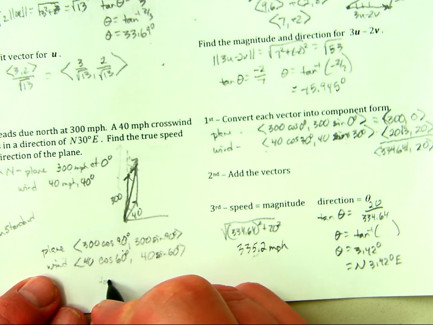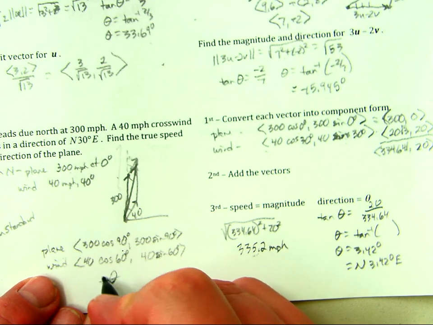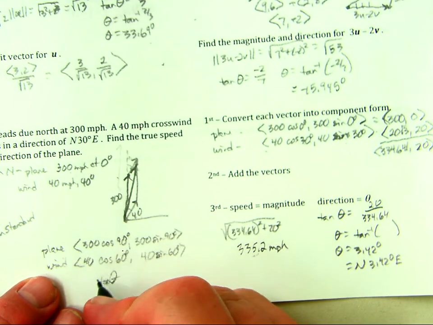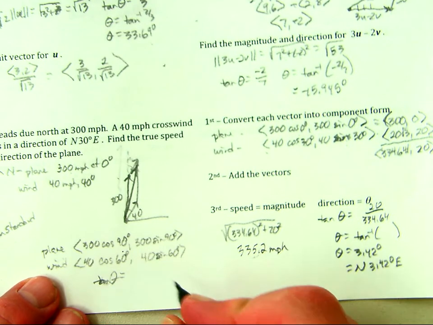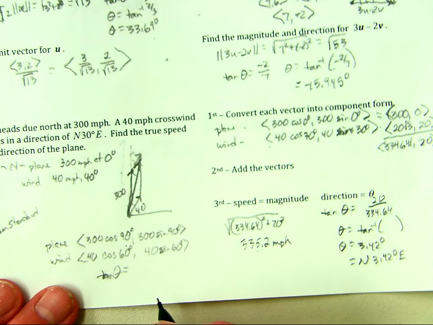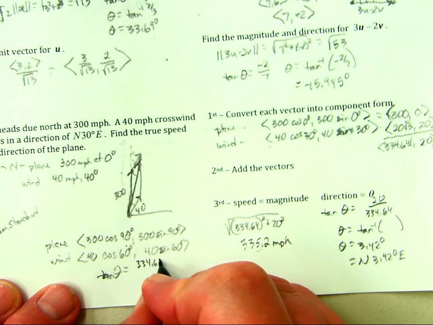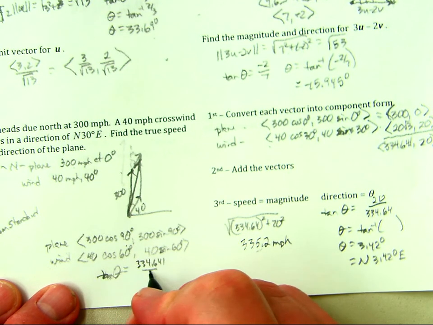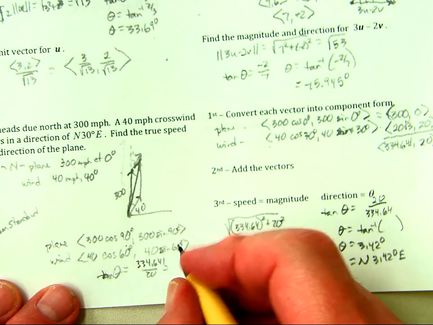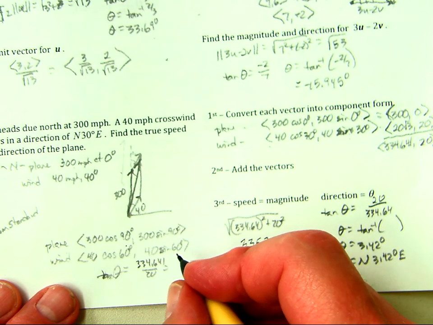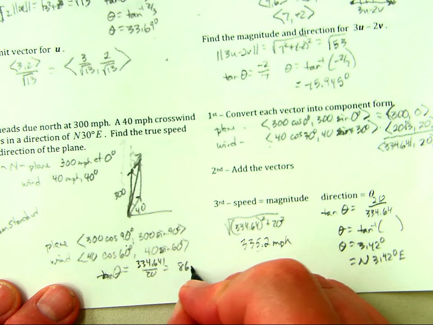When you do the tangent of theta, well, now it's going to be 334.6 over 20. Well, it works out to 86.58 degrees.